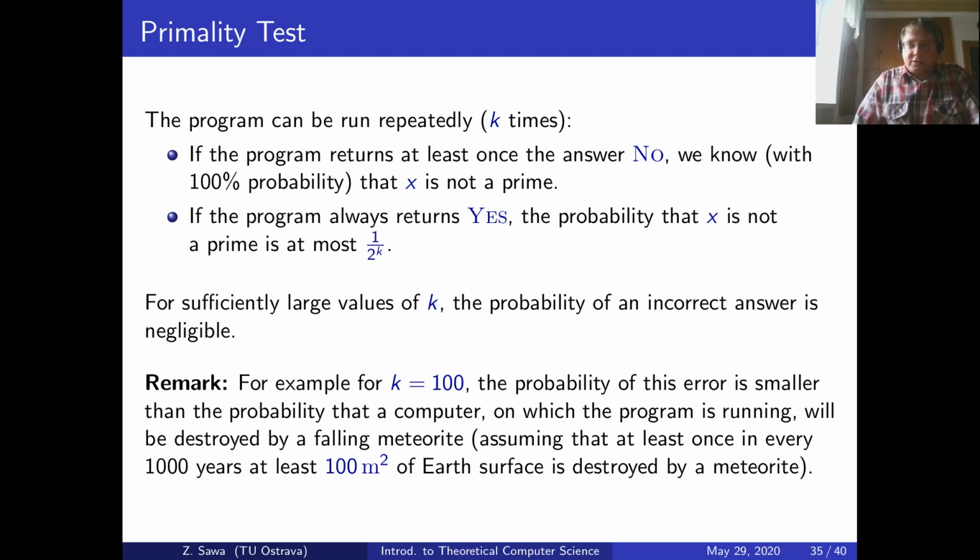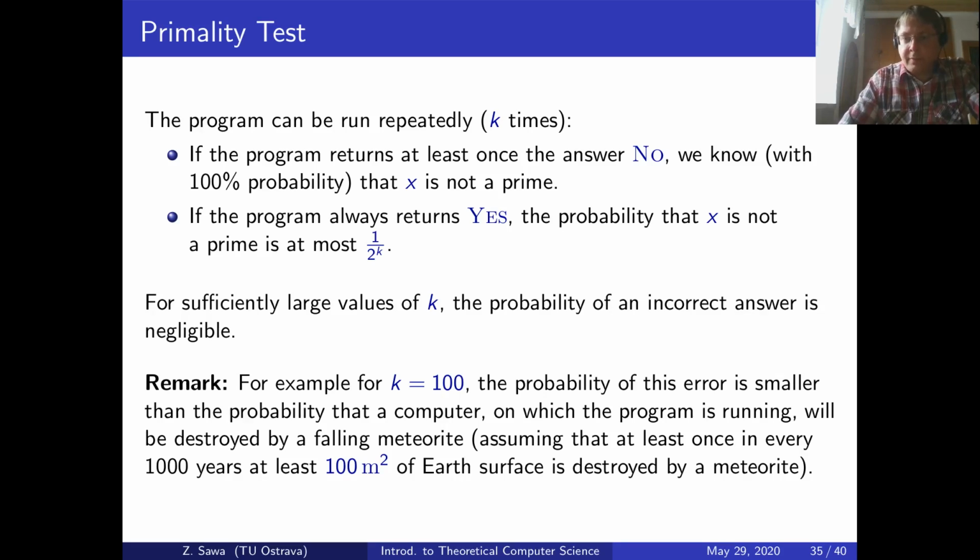So the real probability of error is extremely small if we take k big enough, and we can make it arbitrarily small, arbitrarily close to 0, but we can never make it equal to 0. There will still be some very small non-zero probability that the algorithm gives a wrong answer, but it is extremely small.